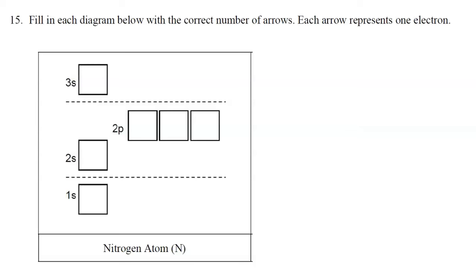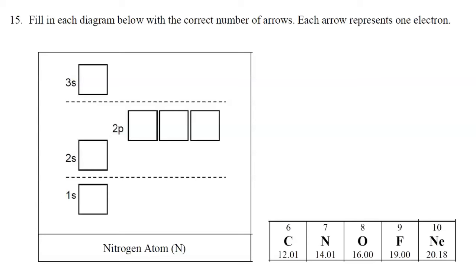On the periodic table, I can see that nitrogen has atomic number 7, so there should be 7 electrons in this electron energy diagram. I'll start with 1s2, so 1, 2, and then moving on to 2s2, 3, 4 electrons, and then for the 2p sublevel, I'm going to follow Hund's rule, so 5, 6, 7 electrons. So that is the answer for that particular diagram.